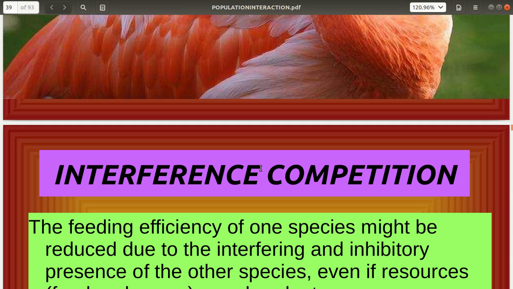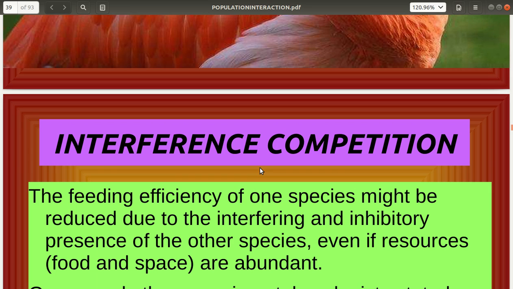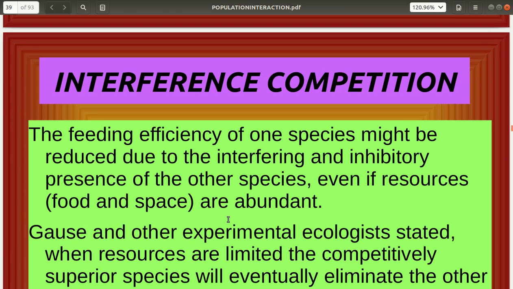There is another variety of competition that you can notice, which is interference competition. You might notice in certain examples that the feeding efficiency of one species is reduced due to the interfering and inhibitory presence of the other species, even if resources such as food and space are abundant. Gause and other experimental ecologists came to the conclusion of the Gause's competitive exclusion principle.